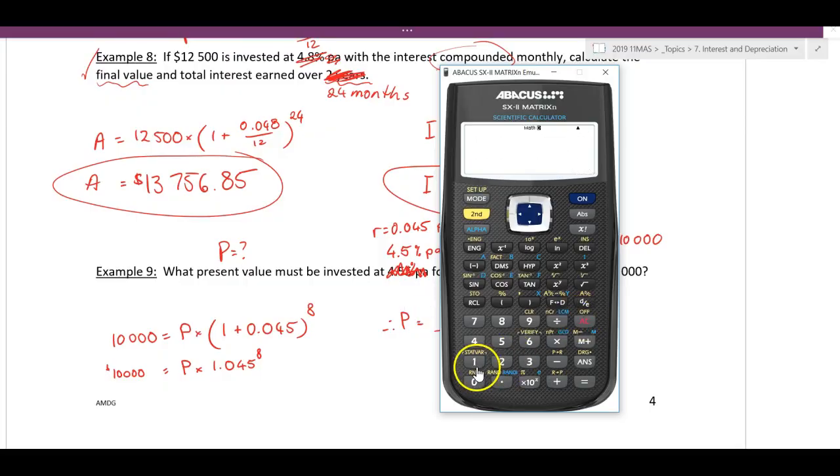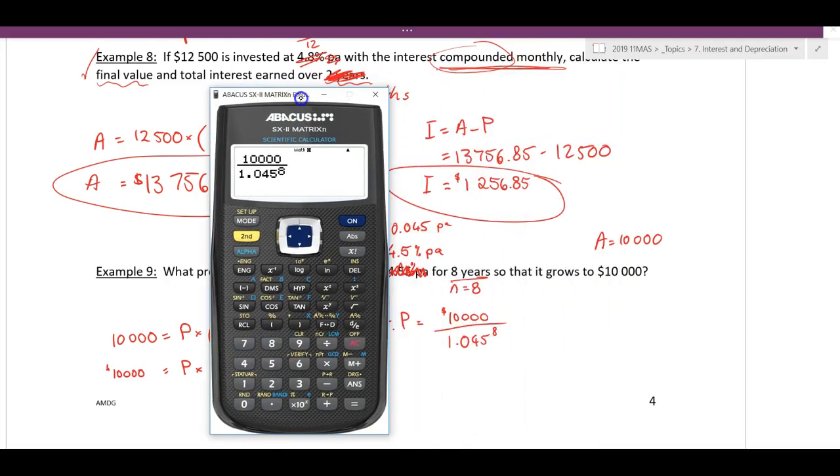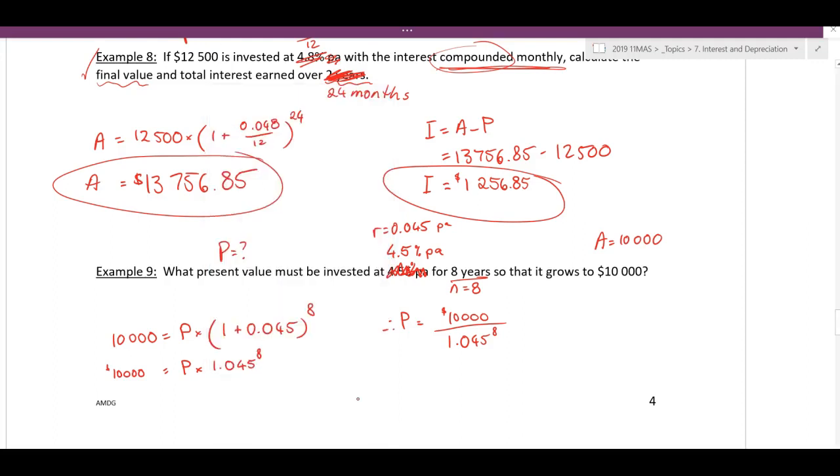So we've got 10,000, I can use my fraction button here, 10,000 over 1.045 to the power of 8. Just having a look at the screen and what I've written down there, it matches up pretty well. And I'm expecting an answer that's a little bit less than $10,000. $7,031.85.